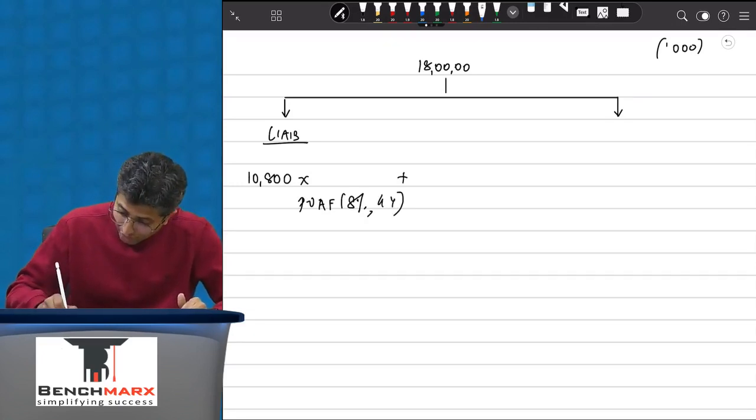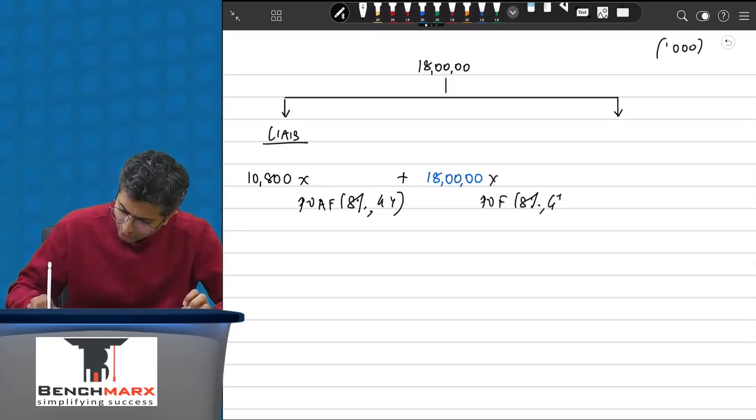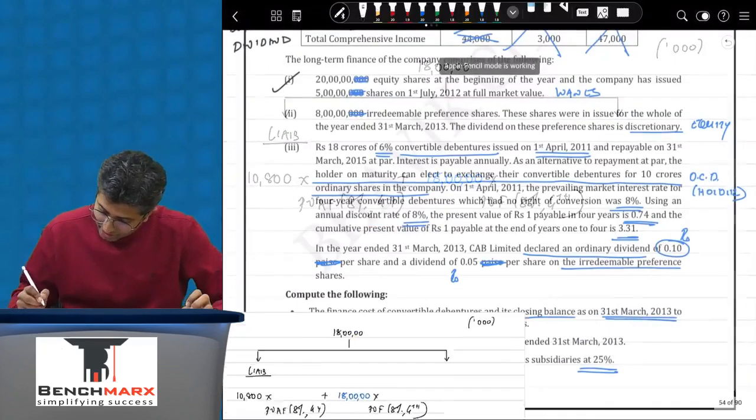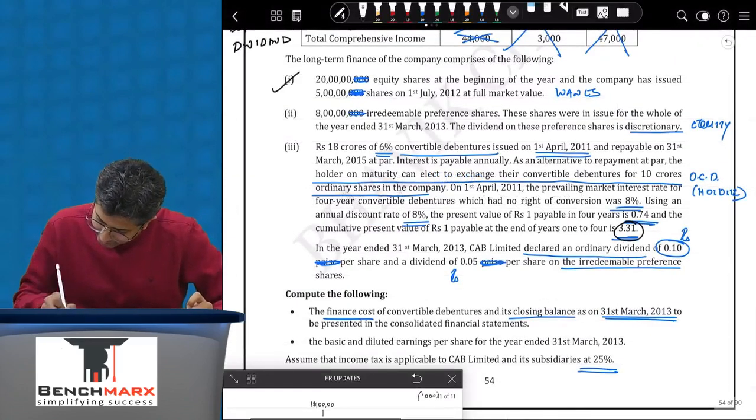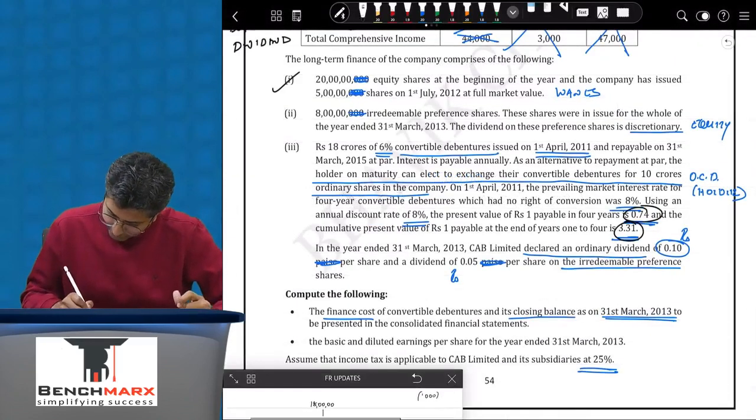And since this is an optionally convertible instrument, even your principal value will be taken into the present value factor at the rate of 8% for the 4th year. These numbers have been given to you as 3.31 as well as 0.74.